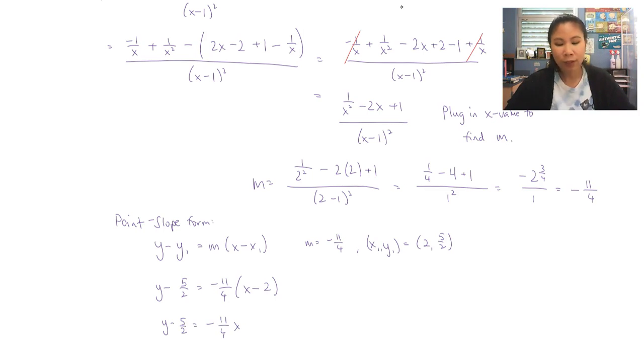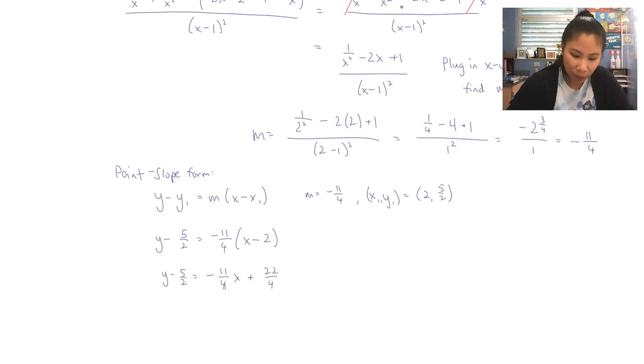Distributing out the negative 11 over 4 times the x minus 2 will get me plus 22 over 4. And then I'm just going to add the 5 over 2 to the other side, except I'm going to turn it into a common denominator of 4. So I'm adding 10 over 4. So final answer for my equation of the tangent line.